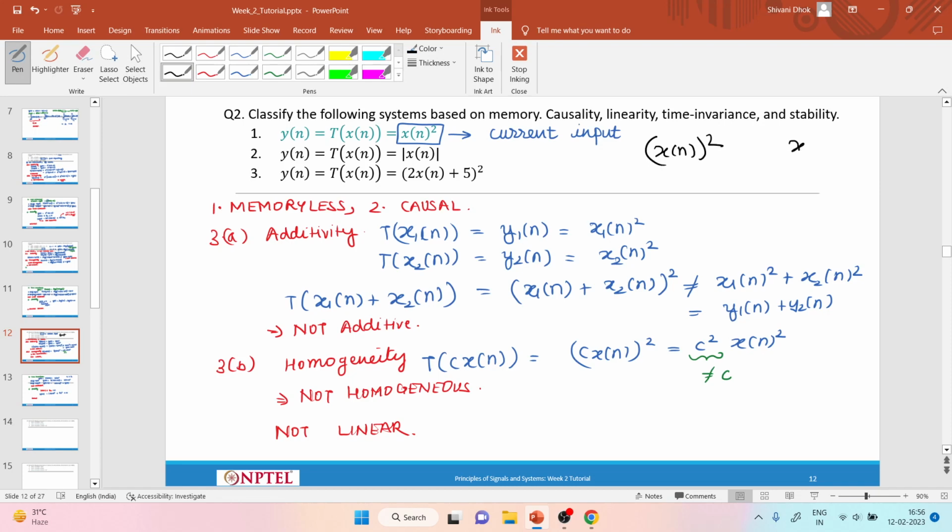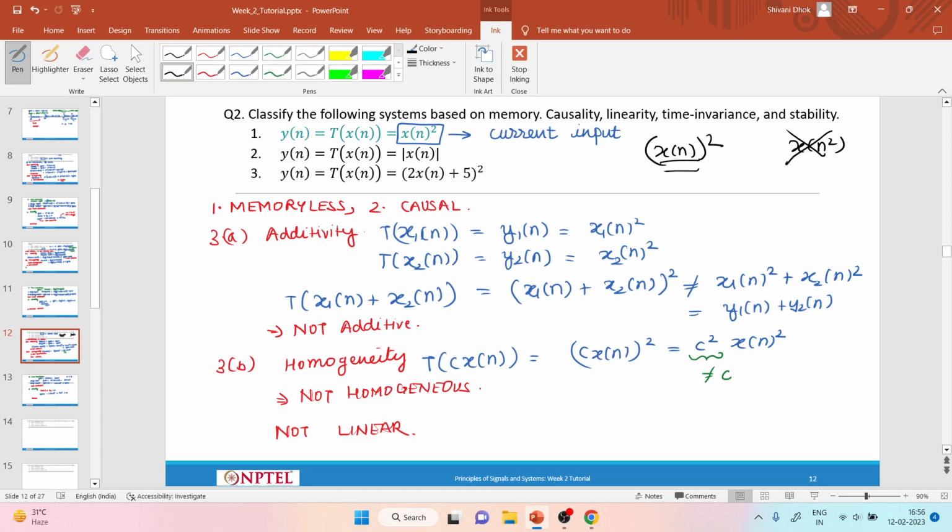If this would be the case, then all the definitions of causality will change. Everything will change. So we are looking at this and not this. Okay. I hope this point is clear.